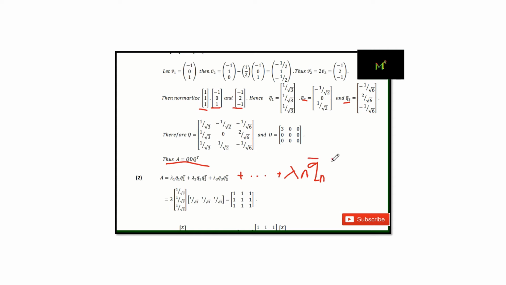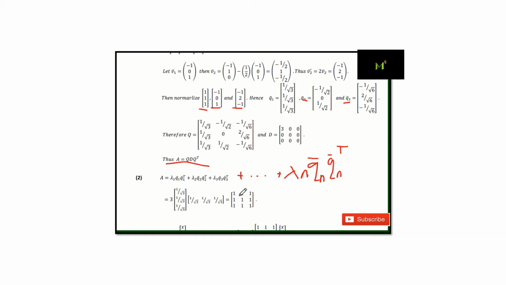But in our case, since we only have 3 eigenvalues, we're just going to have lambda 1 q1 q1 transposed, plus lambda 2 q2 q2 transposed, plus lambda 3 q3 q3 transposed.